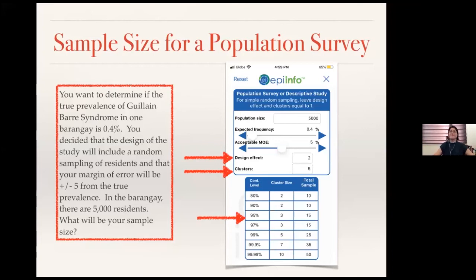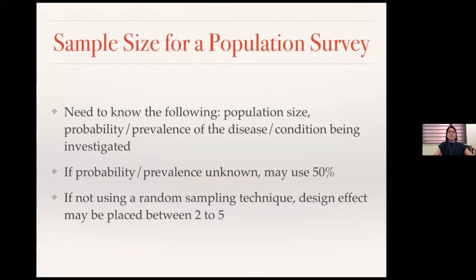Okay. Now, basically, from that interface, that equation for the population survey, you need to know the population size. So where do you often get the population size? From the barangay, from the city, from the PSA statistics. So we look at the census.